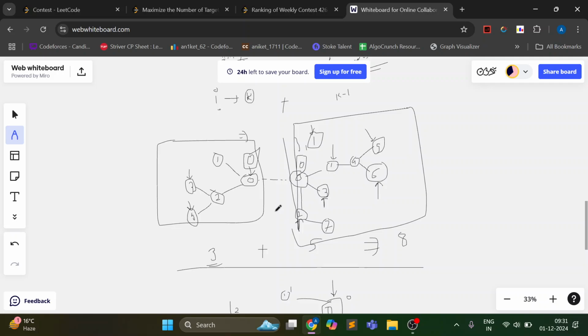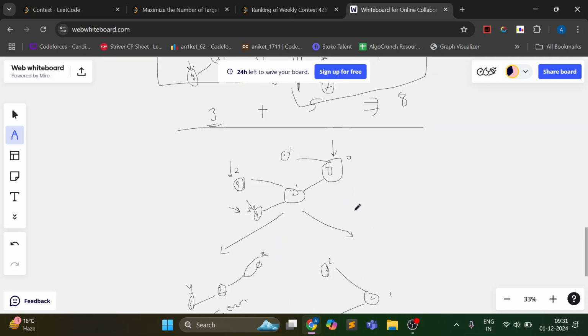So again, we will run the same solution on the second tree and find the level-wise total number of nodes. And finally, we will take the sum of these for each element from 0 to n. We will find the number of nodes at that parity, and the max of the number of nodes at 0 parity and the number of nodes at 1 parity in the second tree.